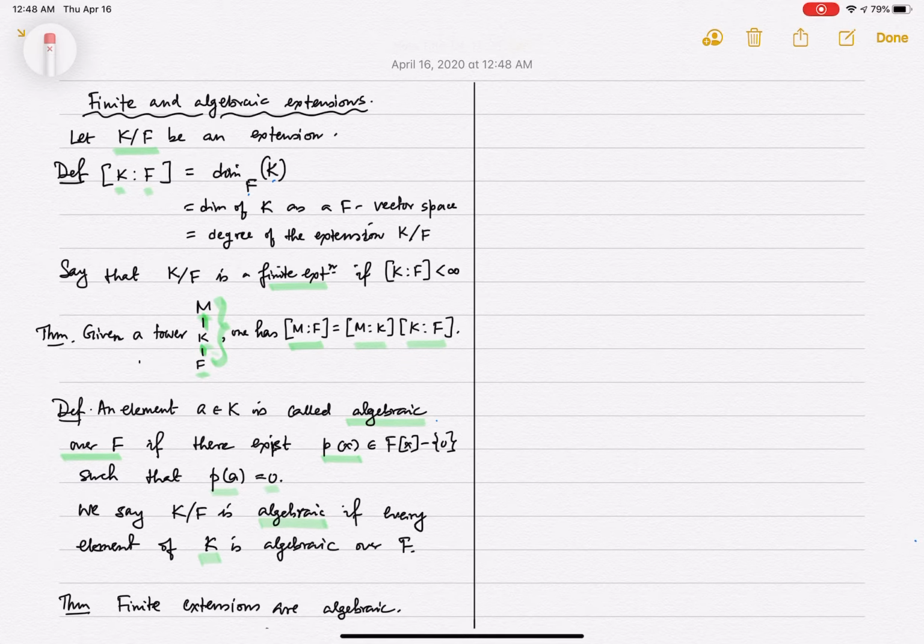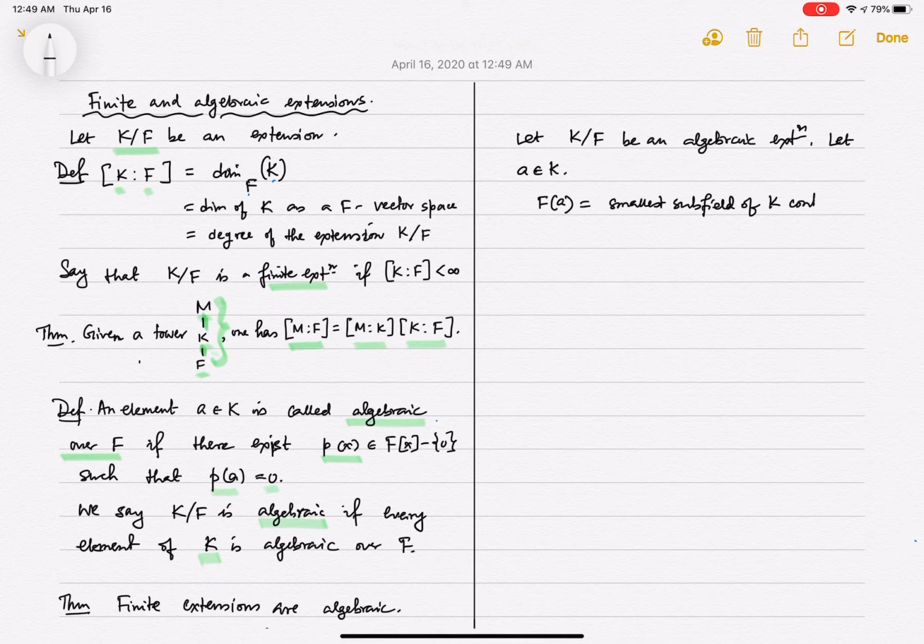So let K over F be an algebraic extension, and let a be in K. What I want to study is this thing, F round bracket a. What it means is the smallest subfield of K containing F and a. It's also called the subfield generated by F and a.